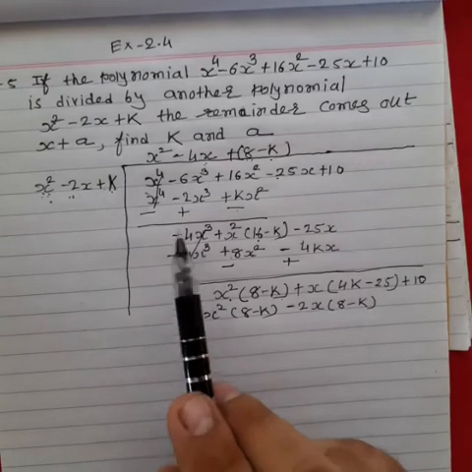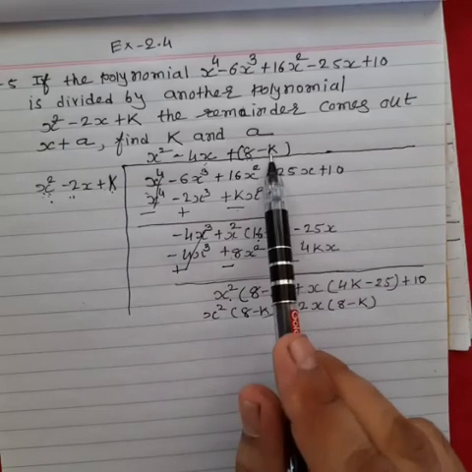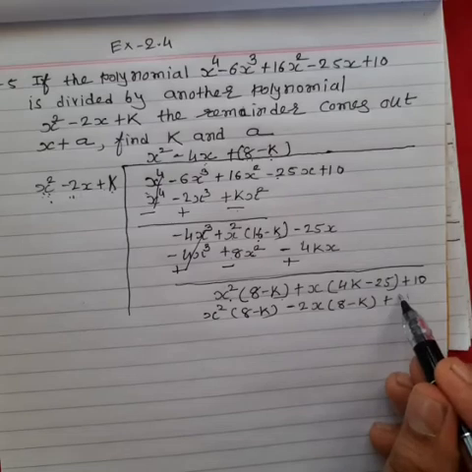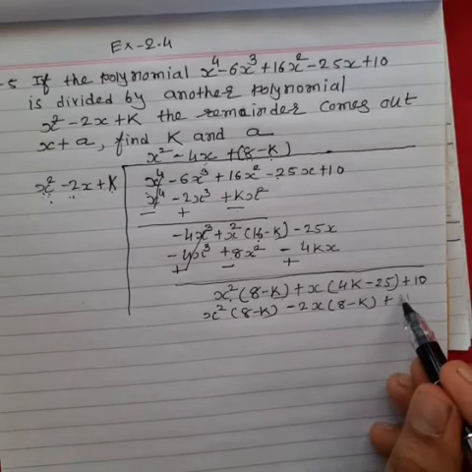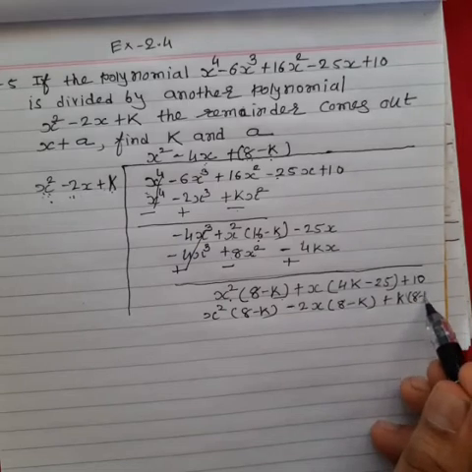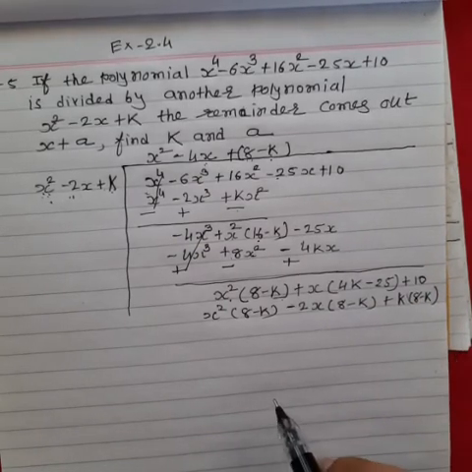And k into 8 minus k, that is with the constant below 10. That term you have to write below 10: k into 8 minus k.